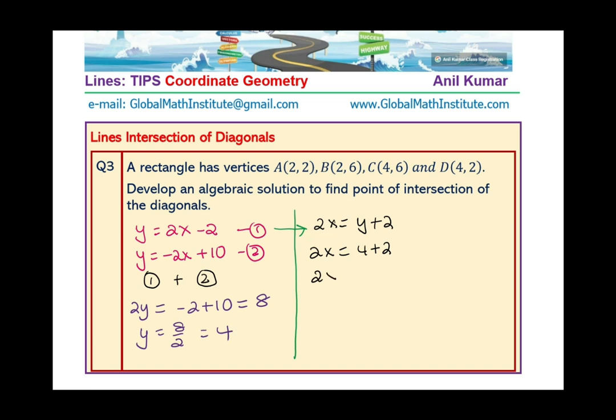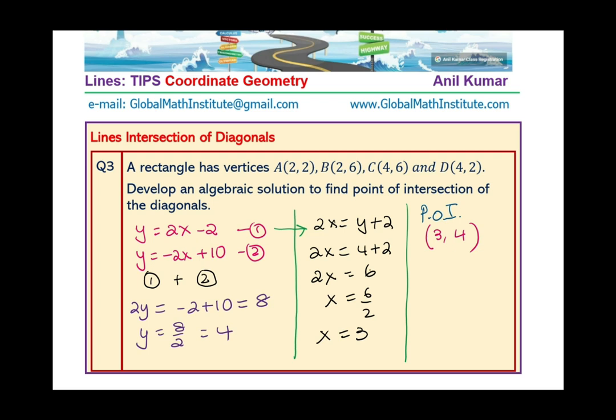So 2x is 6 and x is 6 by 2, and we get the x value of 3. Perfect. So we do get the point of intersection: x value being 3, y value being 4. I hope you understand how we solve such a question.